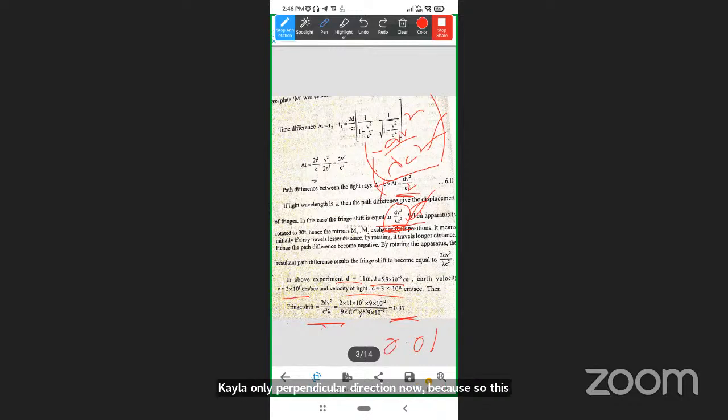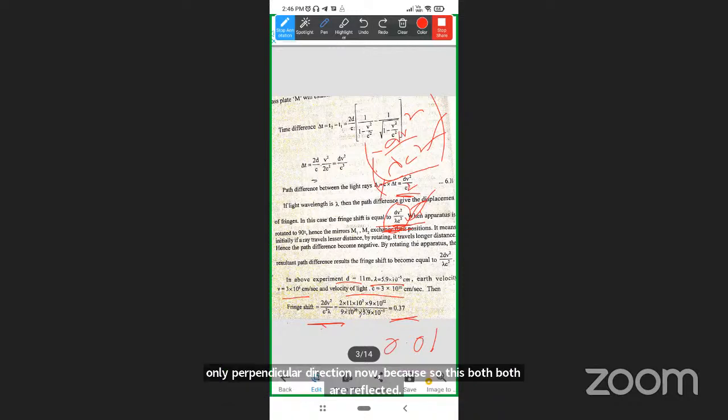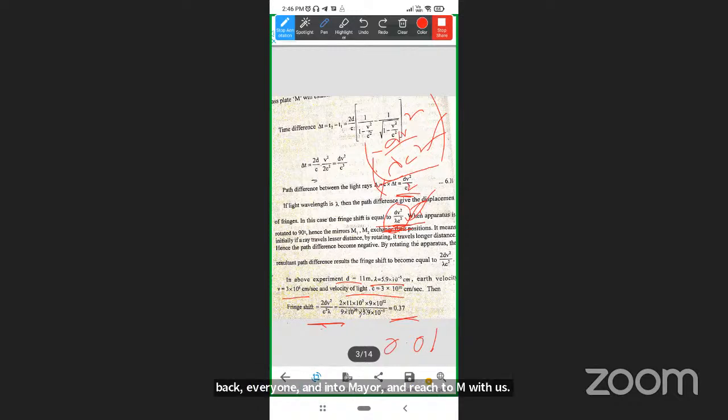Both are reflected, come back from the M1 and M2 mirrors, and then reach the M mirror. You can observe the interference pattern through the telescope.